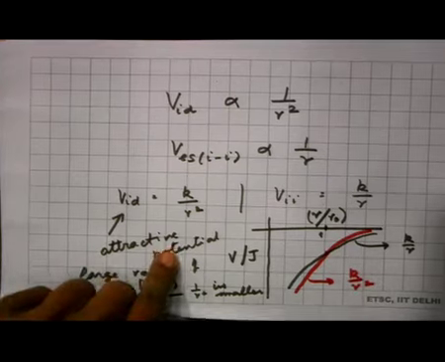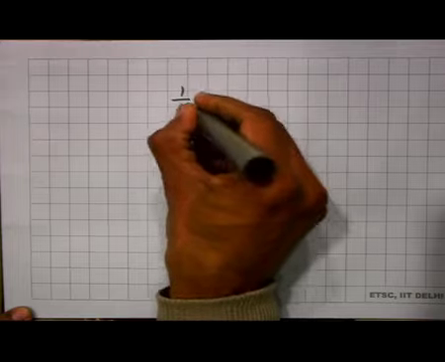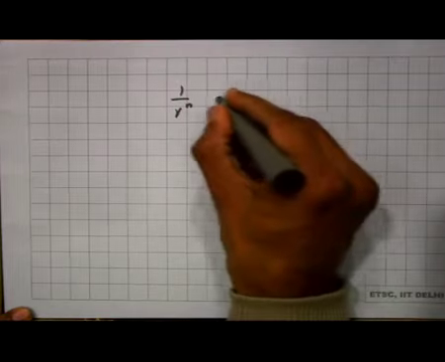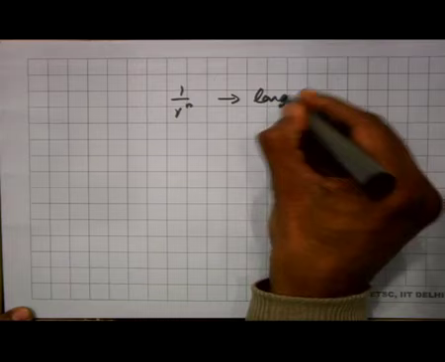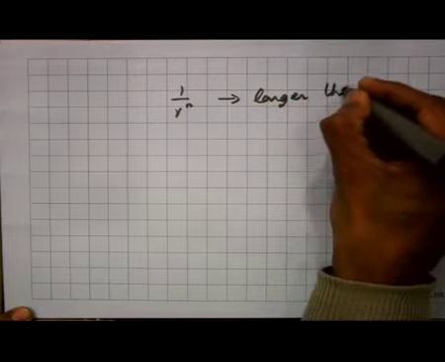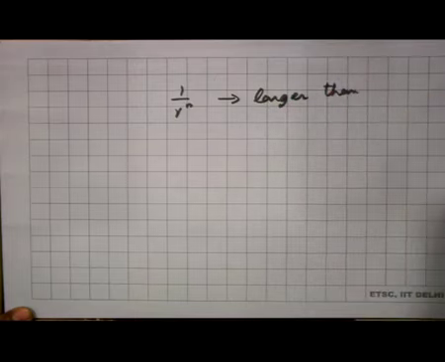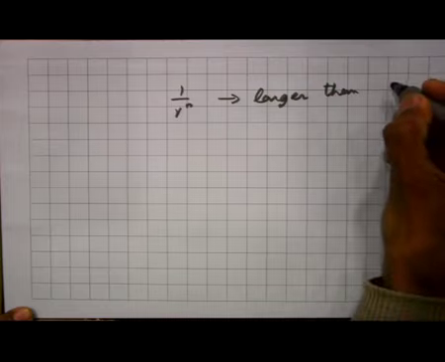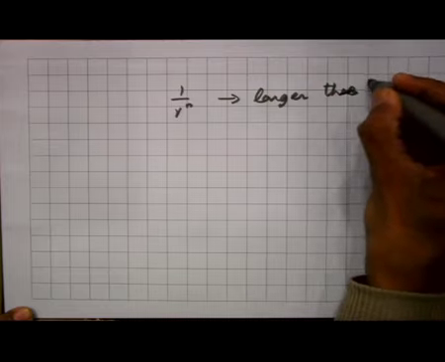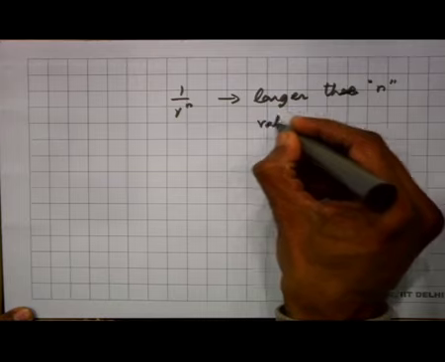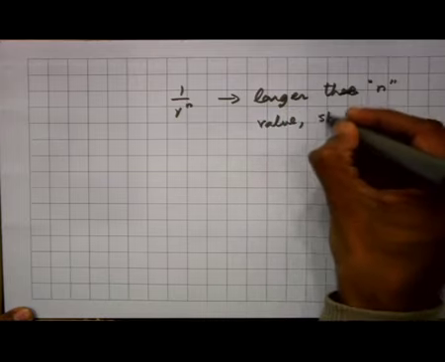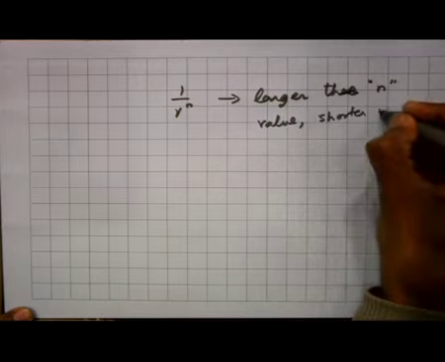And in general, you will find when you have potentials which look like 1 over r to the n, larger the n, and I am looking at attractive, larger the n value, shorter is the range of the force.